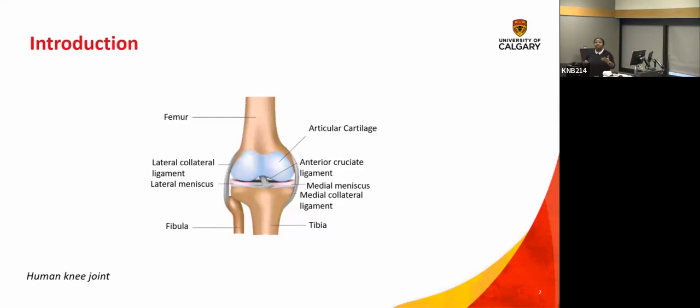So cartilage is responsible for the transmission of the load, and then also for providing a smooth, less friction surface to aid with the movement. During injury or the onset of diseases like osteoarthritis, you can have some alterations to the structure and the function of the cartilage in the joint.